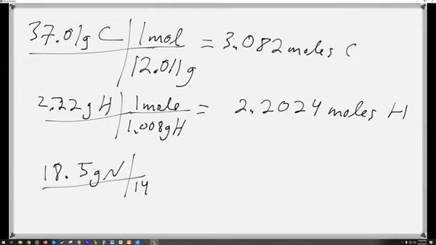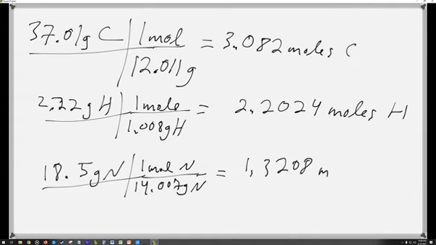I'm going to divide that by 14.007 grams from the periodic table. Notice that I'm being careful not to round the numbers from the periodic table, because I want this to be accurate. And so here we get 1.3208 moles of nitrogen.